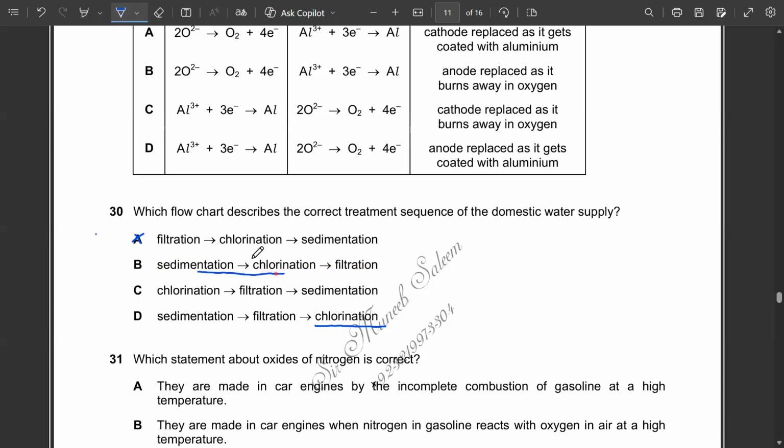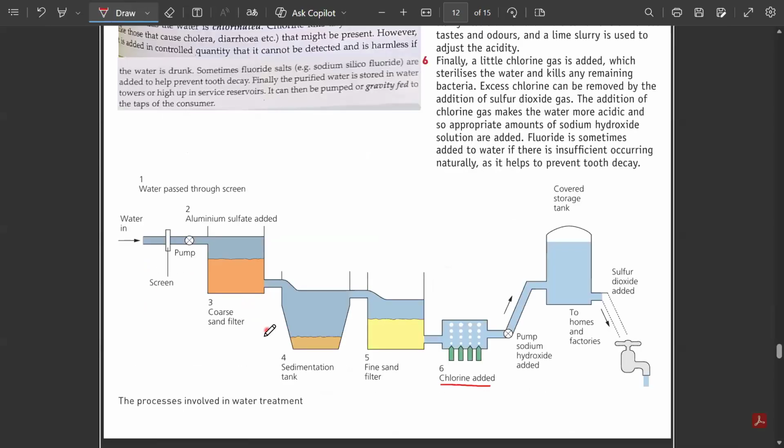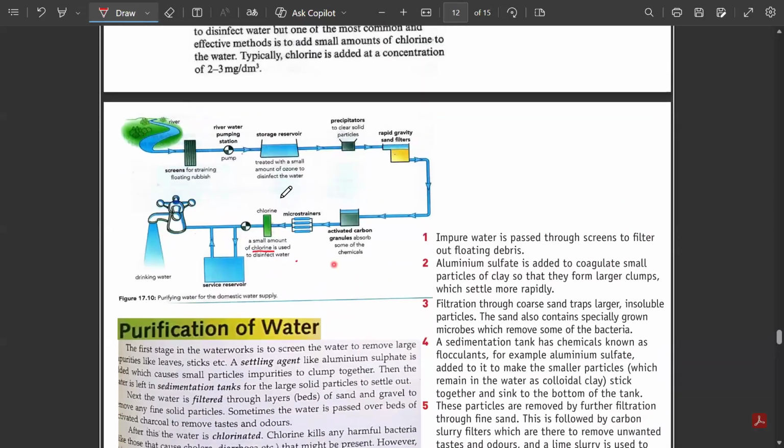So this sequence is somewhat correct because sedimentation comes before chlorination, but the filtration step is basically in two different steps. If this is a sedimentation step, we have filtration just before it and after it. There are two different steps of filtration. One is before the sedimentation, and the other one is after it. But chlorination comes after the filtration. The same thing is mentioned over here.